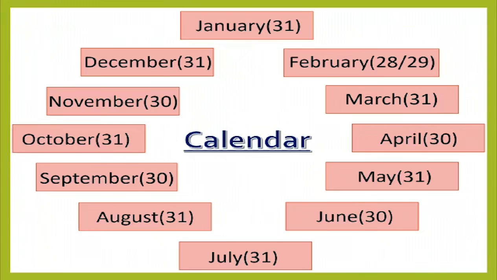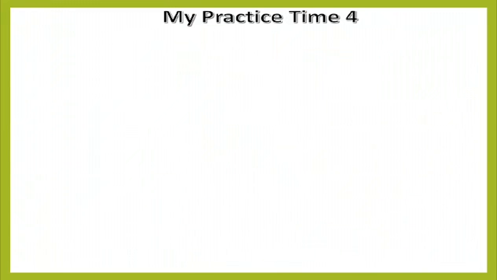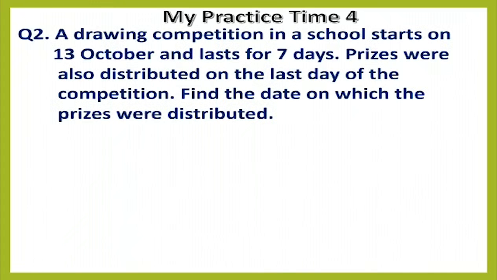On the basis of number of days, we will solve my practice time 4. Question number 2: a drawing competition in a school starts on 13 October and lasts for 7 days. Prizes were also distributed on the last day of the competition. Find the date on which the prizes were distributed.